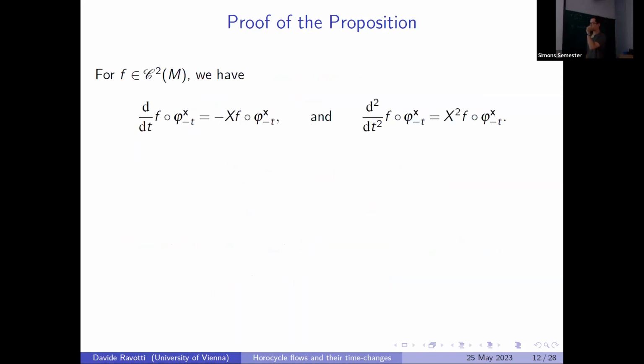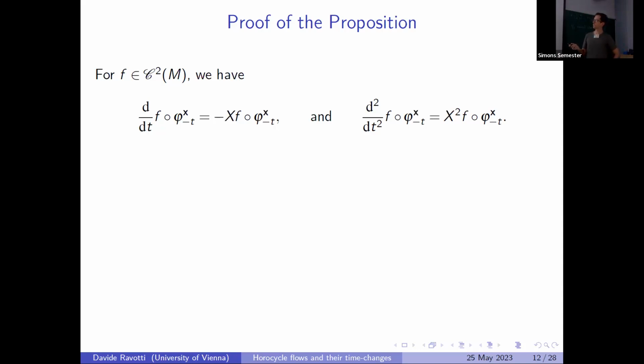And let us make another observation. Remember that in the integral that defines the function j, there was f composed with phi x to the minus t. What happens if I differentiate this with respect to t? Well, by definition, I get the derivative of f along the geodesic direction with a minus, because here I'm taking negative times.